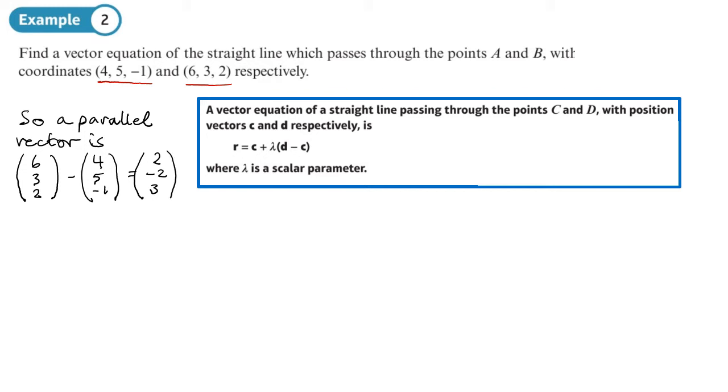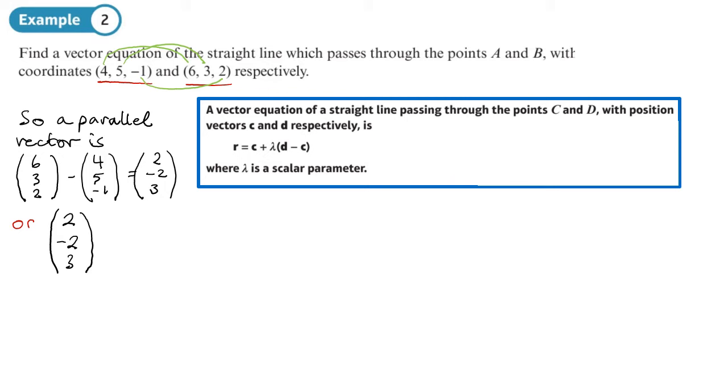Or another way of doing it is just to work out what the jumps are from the first vector to the second vector. In other words, what's the jump from here to here? How are we getting from one point to the other? That will give us the parallel vector. So to get from 4 to 6, you go up by 2. To get from 5 to 3, you go down by 2. To get from negative 1 to 2, you go up by 3.